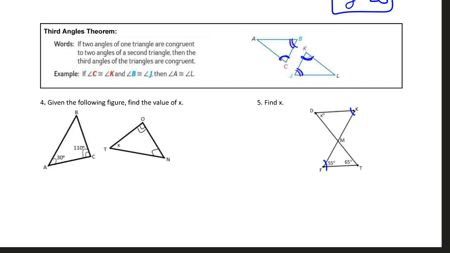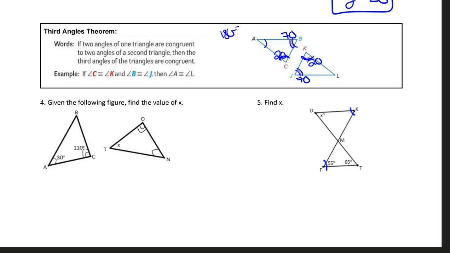So let's just pick some numbers. Let's say C is 20. Well, that means K is 20. And then let's say B is 70. Well, that means J is 70 because they're congruent. Well, using what I know about triangles, the third angle has to sum up to 180.